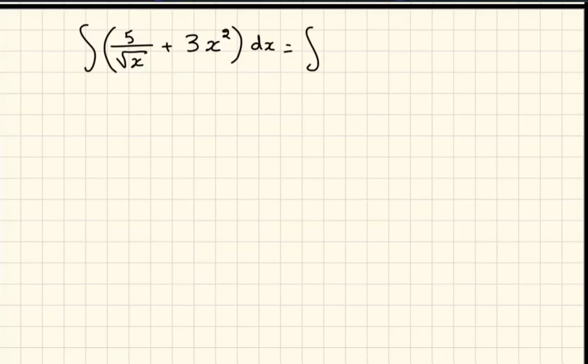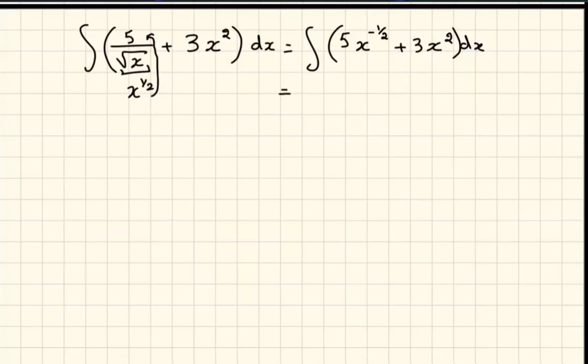Remember, I need x to be in the numerator and with an exponent. So we already know from before that the radical x is x exponent half. But I cannot keep it down, so I must bring it up. And we change the exponent to negative. So when you take this up, it becomes x exponent negative half plus 3x squared dx.